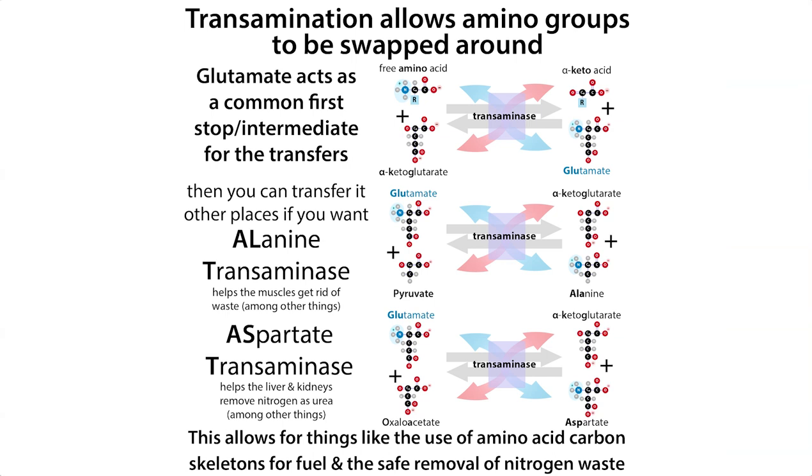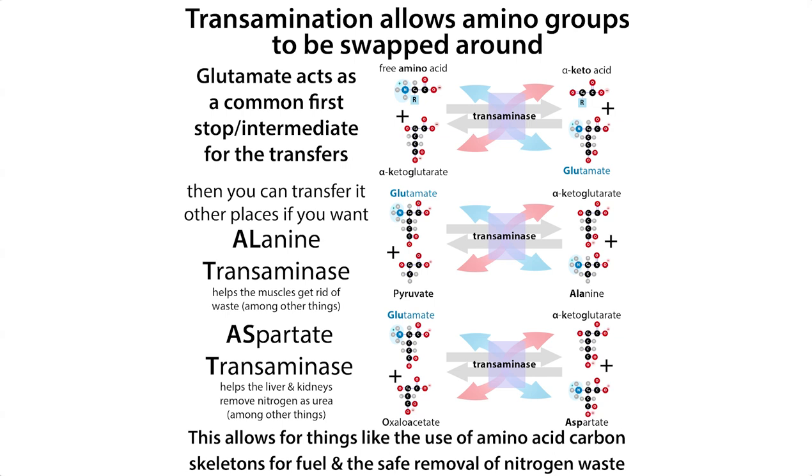So we'll talk a lot more about this when we talk about amino acid metabolism. But basically, you can take any amino acid, remove its amino group, and pass it on to an alpha keto acid. So keto, it's got a ketone group, and it's in the alpha position to a carboxylic acid. That'll generate a different amino acid and a different alpha keto acid. We'll talk a lot more about this when we get into amino acid metabolism.